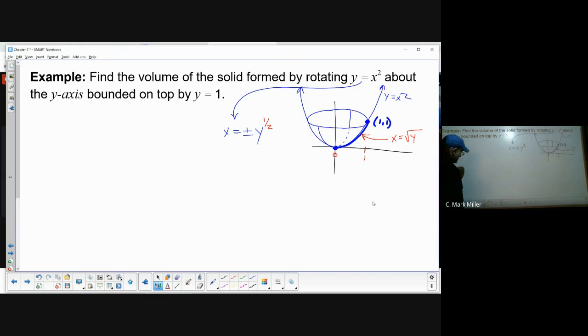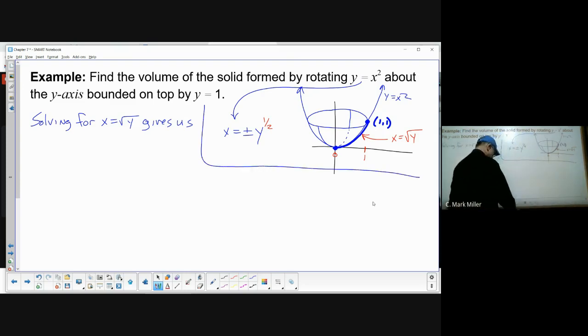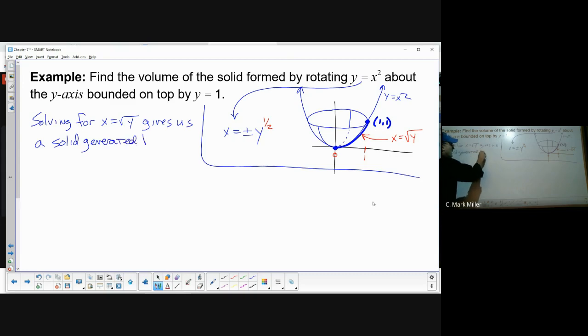So I'm going to say solving for x gives us a solid generated by revolving a function of y about the y-axis.